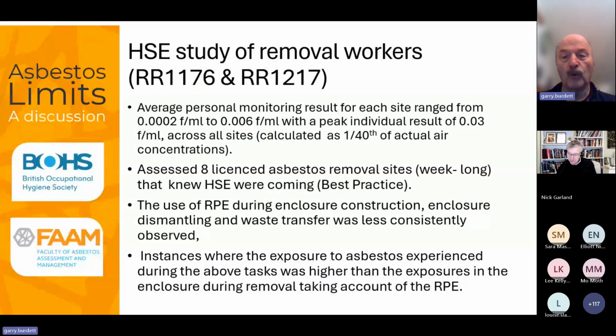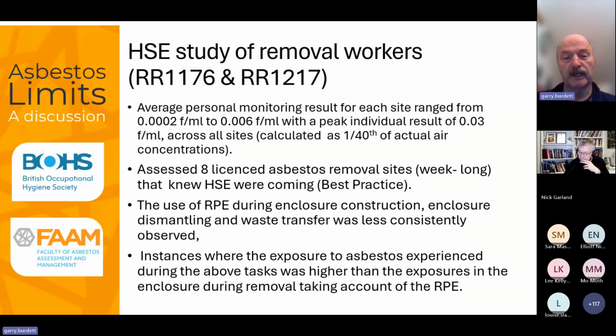So they were all within less than the 0.1 control limit. Whether it's as low as reasonably practicable, we can always discuss that. But as I said, it's 8 licensed asbestos sites, week long they were there. They knew HSE were coming, and this is not just best practice. This is best practice.